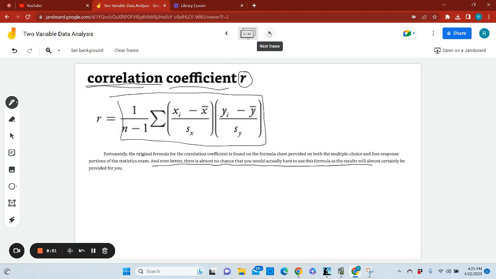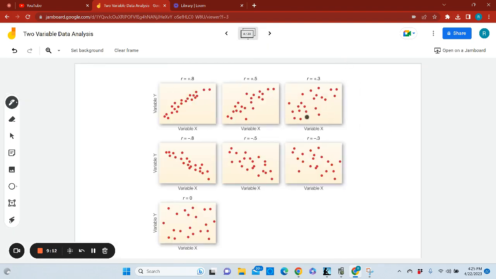There are some formulas in this chapter that you do need to know, and I'll show you where they are on the formula sheet in just a little bit, and I'll show you how to use them. But calculating correlation itself is not really something I think they're going to ask you to do on the exam, and that's verified in the 5 Steps to a 5 book, right?